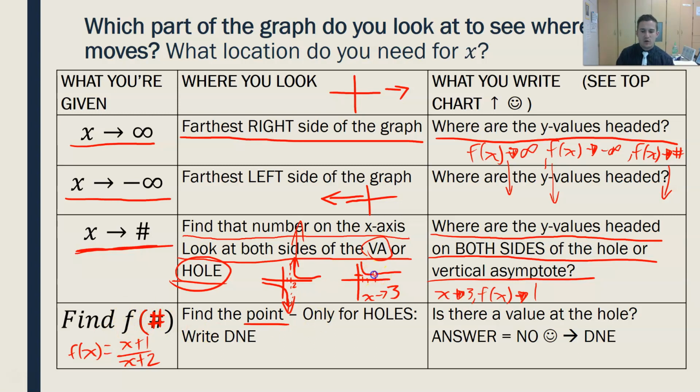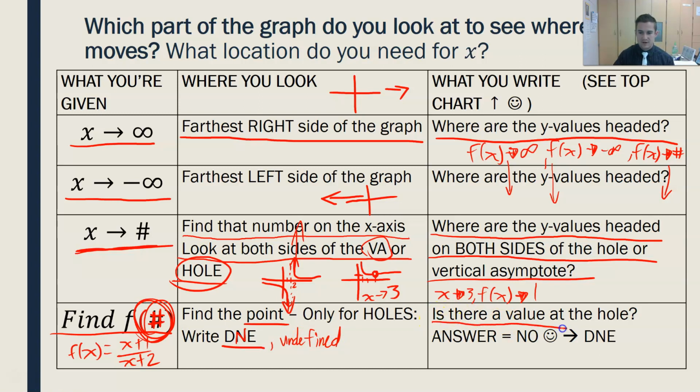If the x value of that point matches up with a hole, then f of that number, the function value at that x point, is going to be undefined because there's a hole there. So if there's a hole at this point right here, you're going to write that point does not exist. That's what DNE stands for. Or you could write undefined or something like that. That point does not exist.